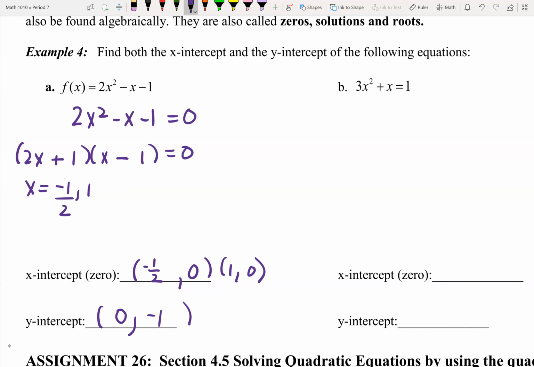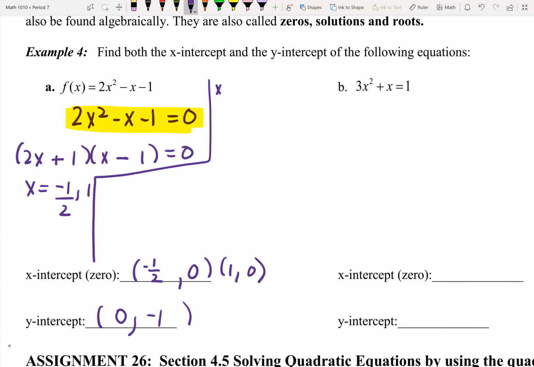Okay, now we're going to do something else with this problem. We're going to use the quadratic formula from here because I want to show you what happens with the quadratic formula in case you ever come across this, okay?